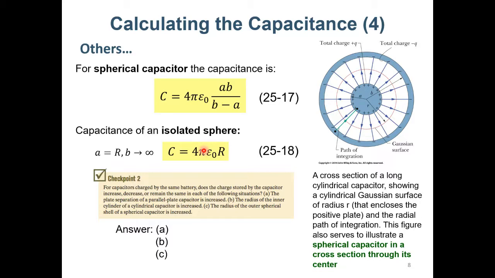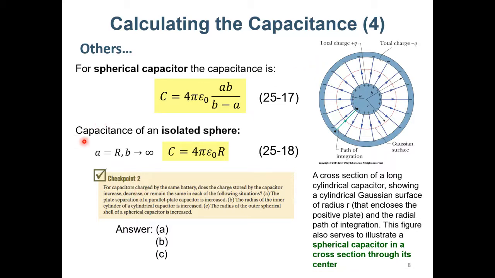So we only make one inside. If B tends to infinity and A is finite, then B minus A is B, and the B and B minus A can be cancelled. So A substitutes into R, and we get 4 pi epsilon 0 R.